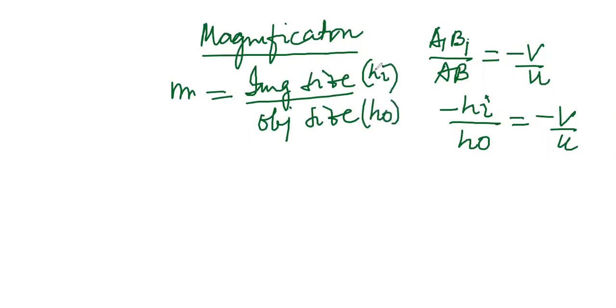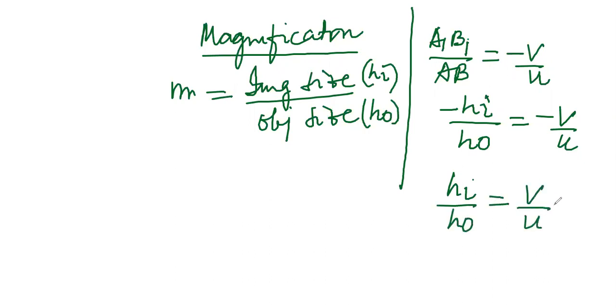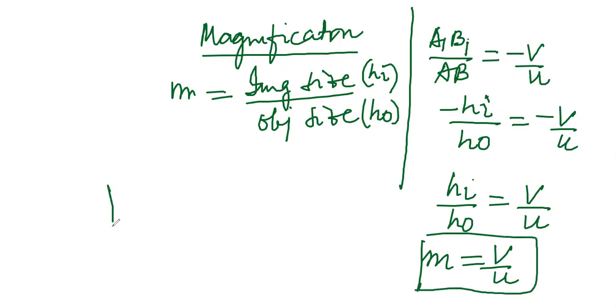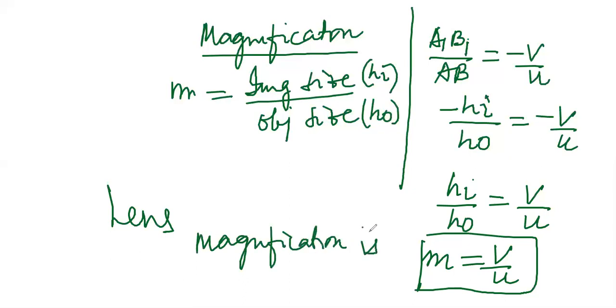So I can write HI by HO is equal to V upon U. HI by HO is the magnification. So for a lens, the magnification formula is M equals V by U.